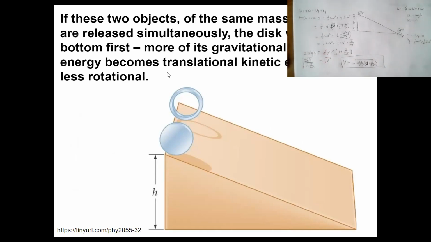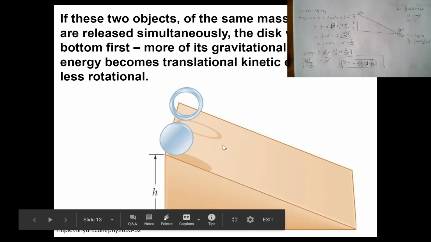So in that sense, if you have two objects with the same mass, the same radius, but different shapes, one is a ring, one is a disc, then you can predict which one reaches the bottom first if they both roll down the inclined surface without slipping.